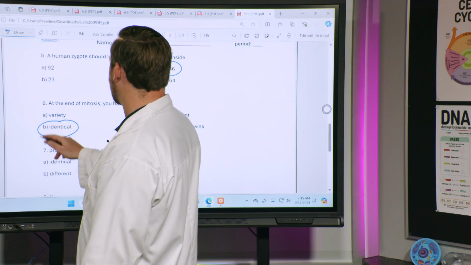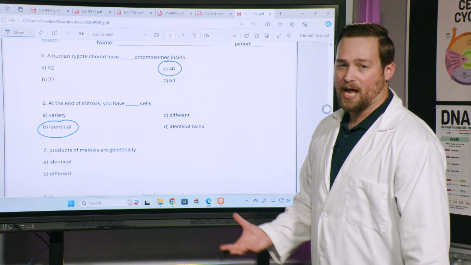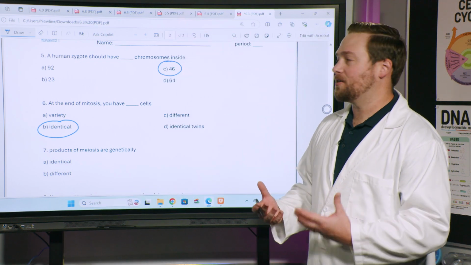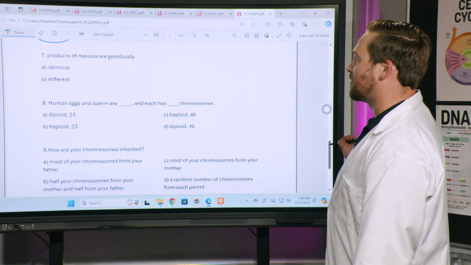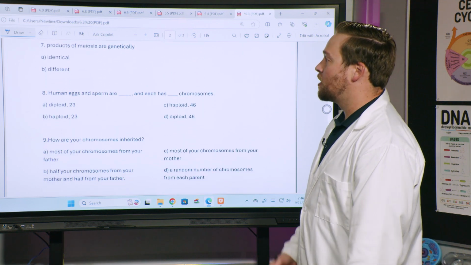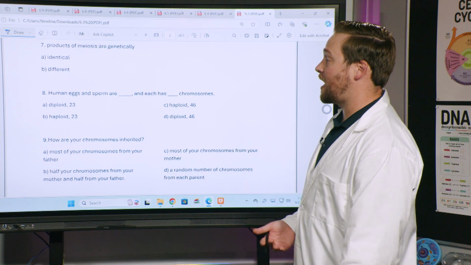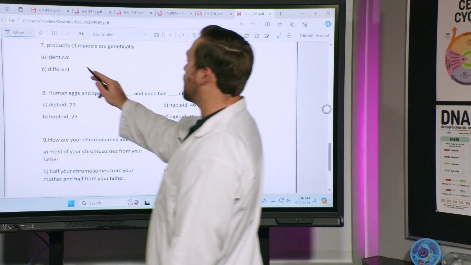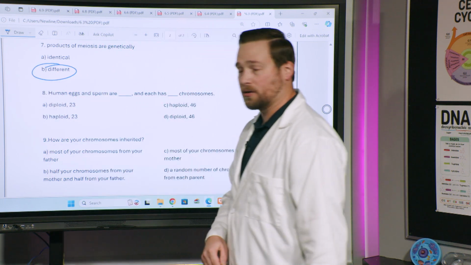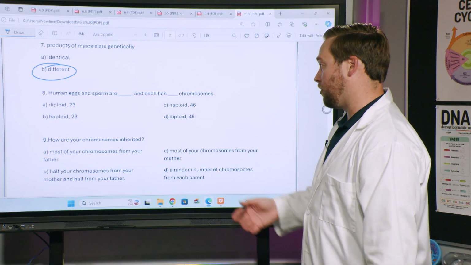At the end of mitosis, you have identical cells. We want those cells to be exactly the same in mitosis, okay? But let's compare that to number 7. Okay, 7 says products of meiosis are genetically what? So in mitosis, they're identical, but in meiosis, they are different from one another. Okay, they're different, and we want that.